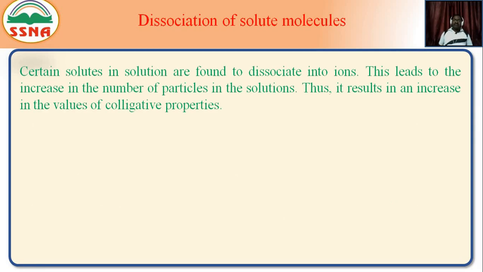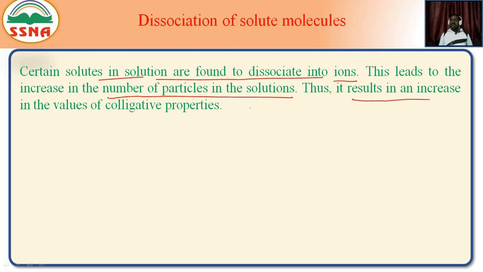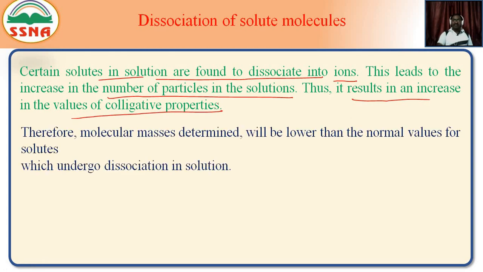Next, dissociation of solute molecules. Certain solutes in solutions are found to dissociate into ions. This leads to an increase in the number of particles in the solution. Thus, it results in an increase in the values of colligative properties.